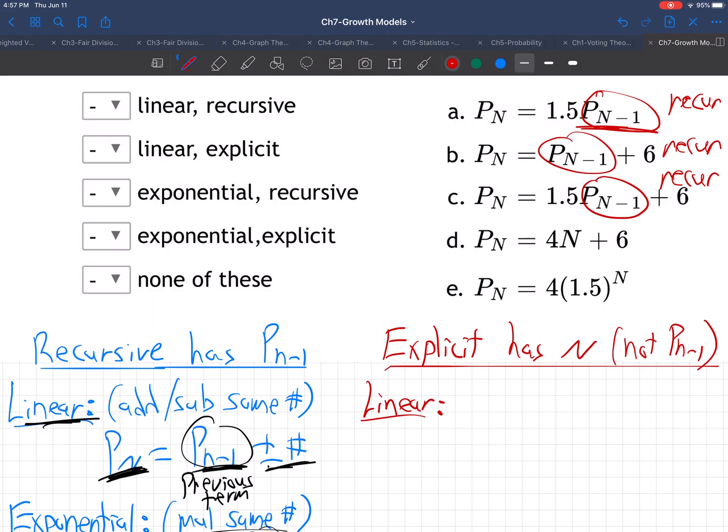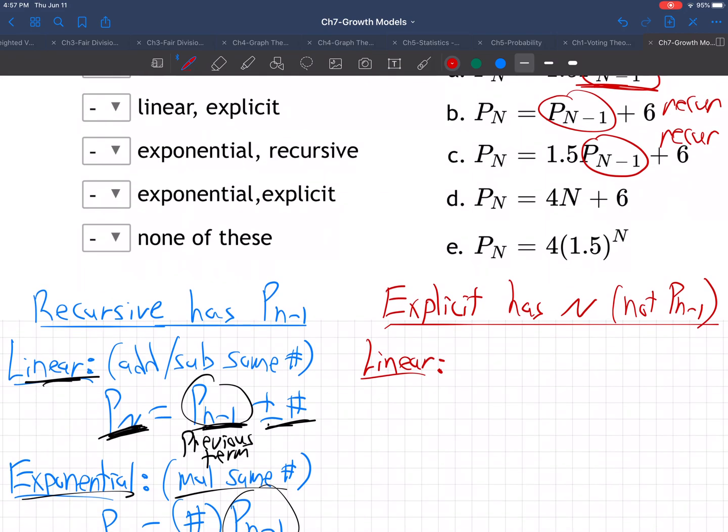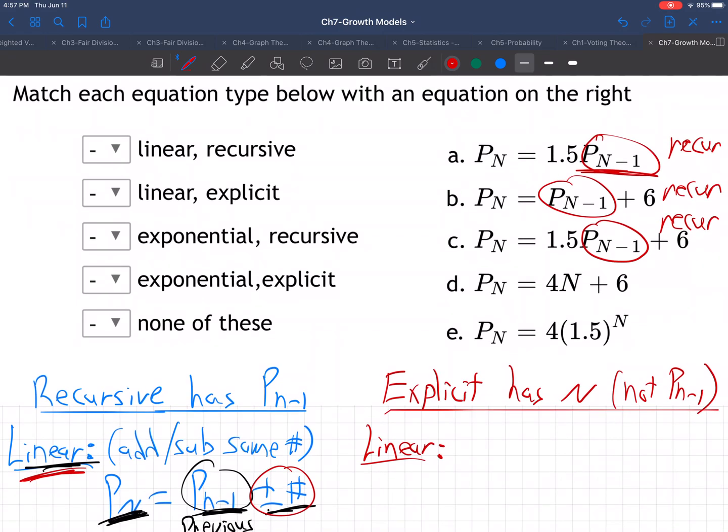Now, which one is linear? Linear recursive just adds or subtracts the same number every time. So that would be this one, wouldn't it? See how it's just adding 6 every time? So that's linear recursive. So this one's B.